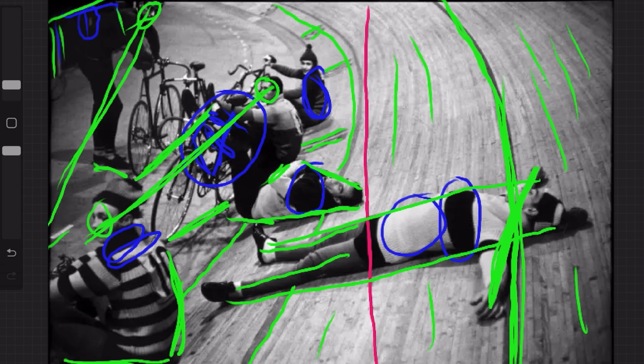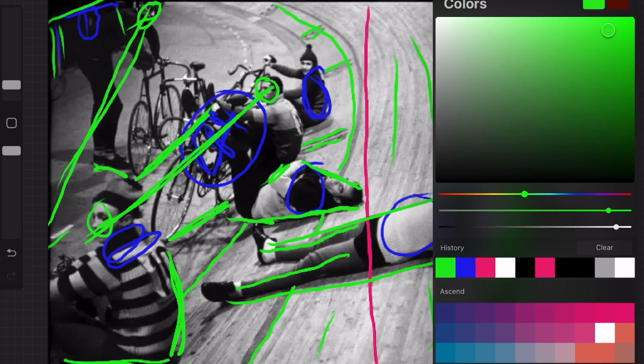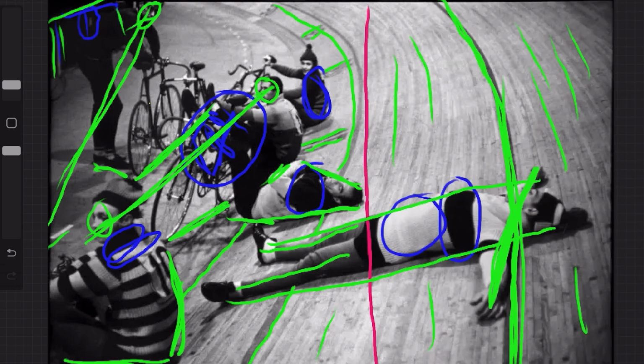But if we move on to use of rectangles and use of circles, we've got the obvious ones, which are these bicycles. The obvious circles are the bicycles. And then we've got one back here that's a circle. And we've got, of course, the faces that are circles.